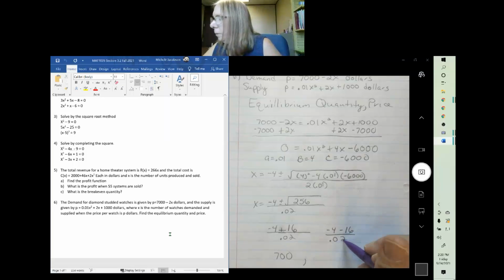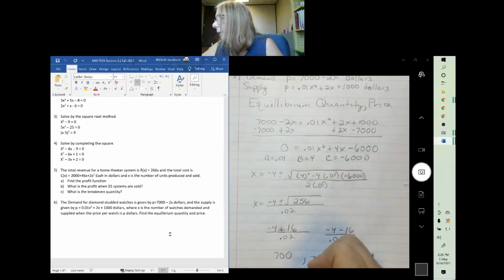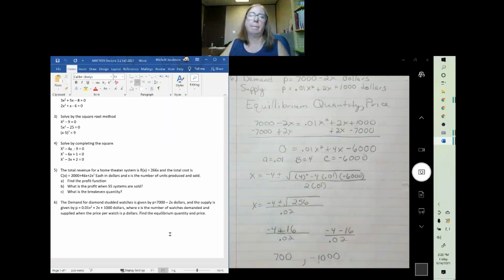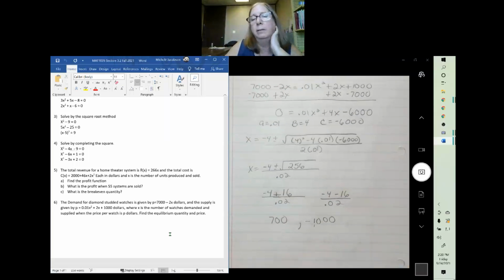Negative 20 divided by 0.02 is negative 1,000. Are there any questions on that?